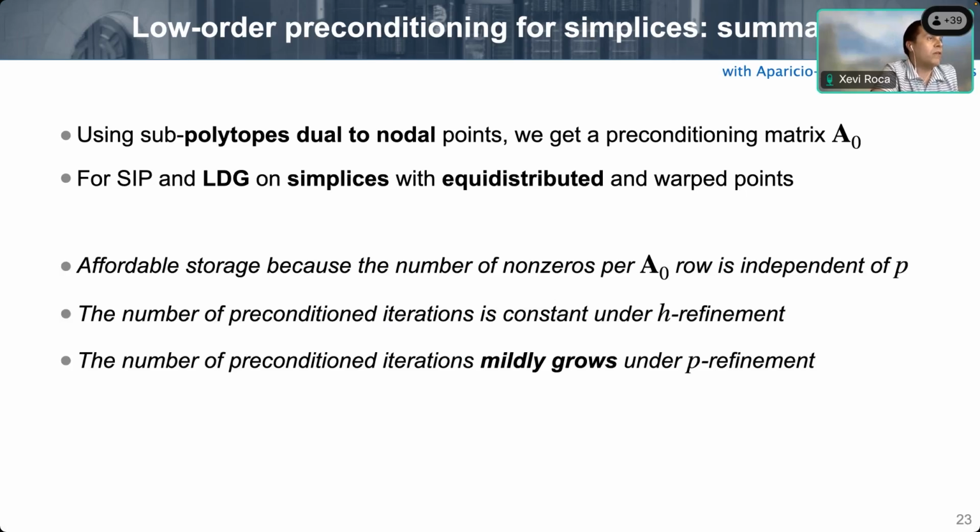And of course, we get affordable storage because the number of non-zeros for the low order problem is independent of the polynomial degree. This is what they also saw here at the LLNL. And the number of preconditioned iterations is constant under H refinement. Under P refinement, the number of iterations mildly grows. Next slide, please.